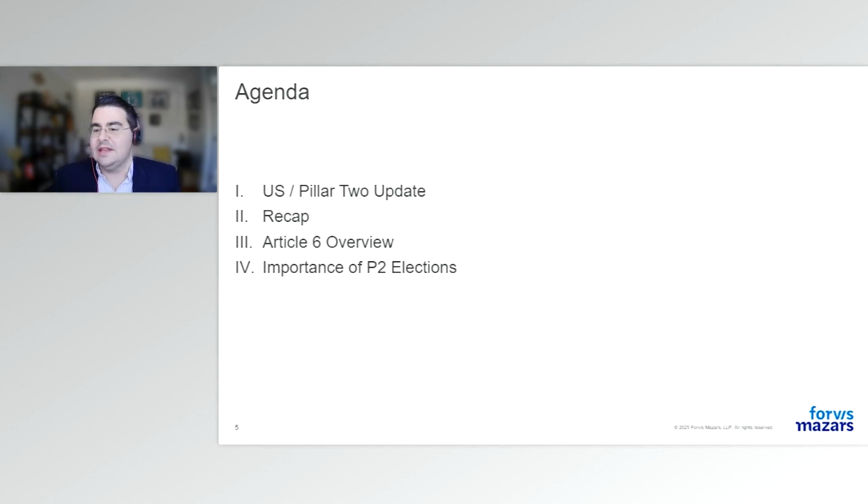So we've decided to take a little bit of a pivot today to start off the session, before we do a recap, to go through some of the items that have been thrown around with the current Trump administration. Then we're going to go through a quick recap, then an overview of Article 6, and then piggyback to the elections presentation, where we discuss some of the pieces that really filter into the M&A space with respect to Pillar 2, and then we're going to wrap it up from there.